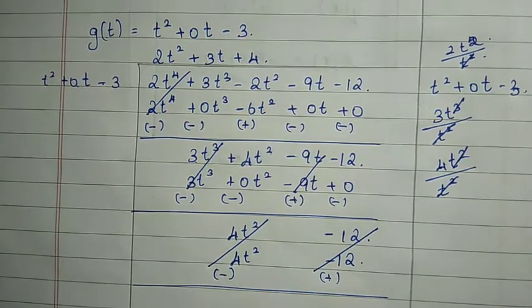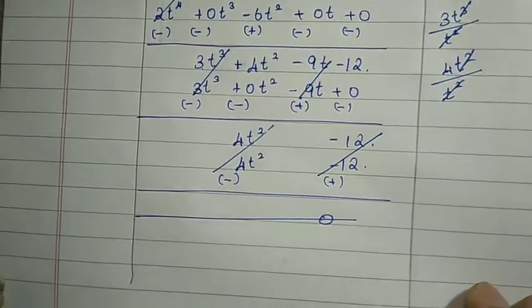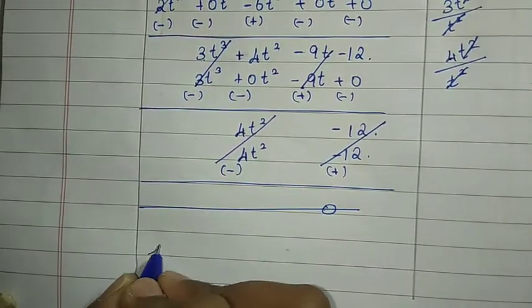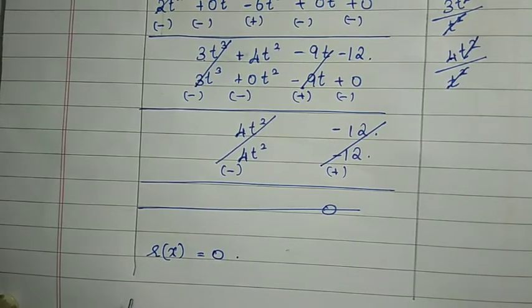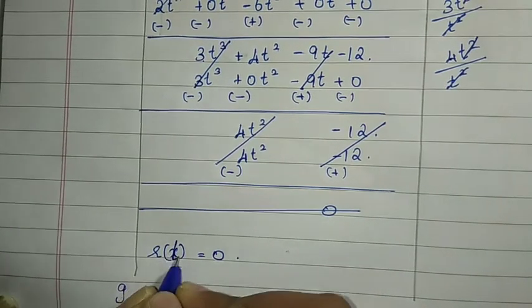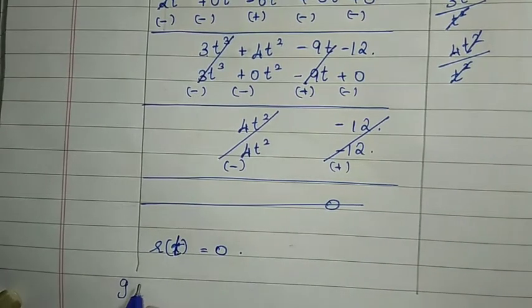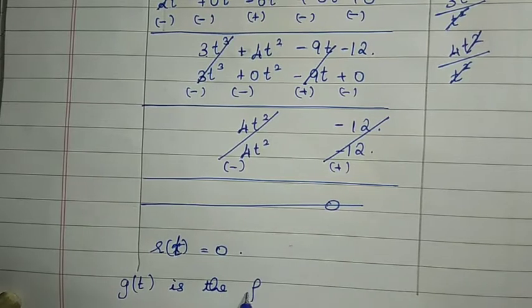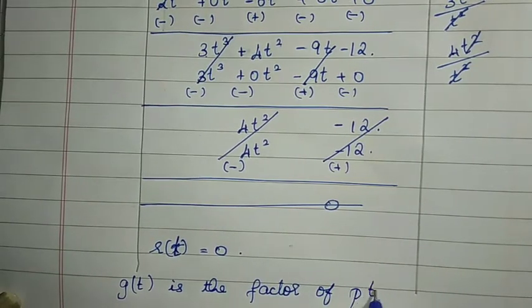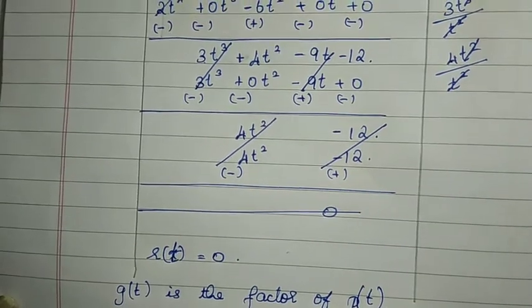So my remainder is 0. So therefore, since r of t is equal to 0, I will say that g of t is the factor of p of t. That's it.